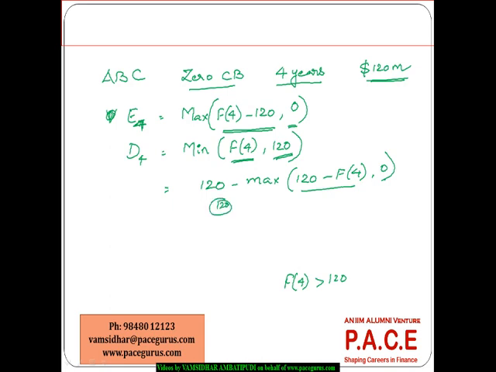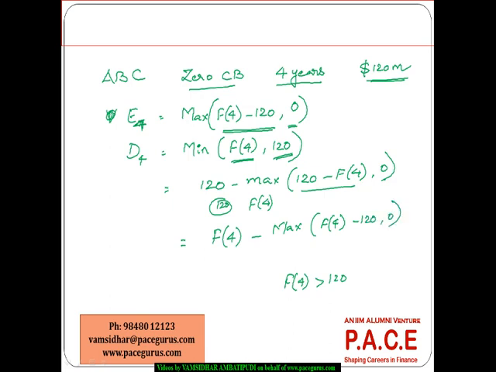If f of 4 is less than 120, of course this number is positive. Then it is going to be 120 minus of 120 minus f of 4, in which case it is going to be f of 4 only. So either I can write it in that way, or I can even write it as f of 4 minus the maximum of f of 4 minus 120 comma 0.